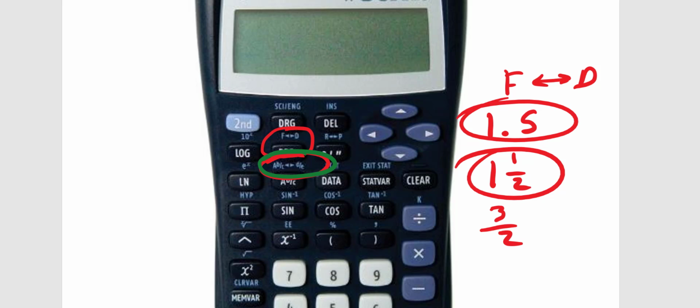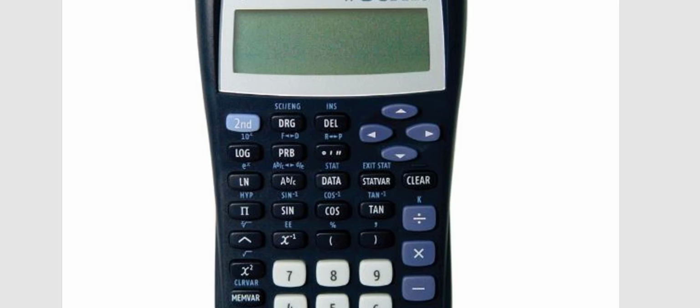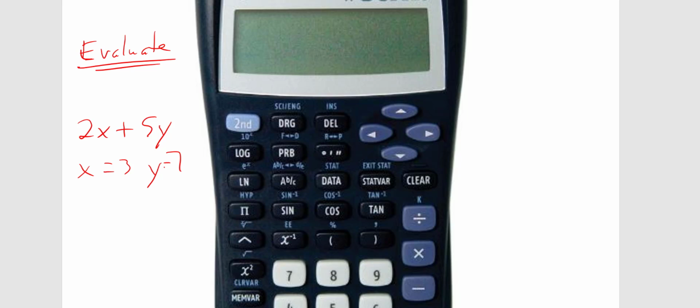Okay. All right. So what I'd like to do now is the last part of the homework. It says evaluate. So the deal with that one is if I give you 2x plus 5y, and I tell you x is 3 and y is 7.